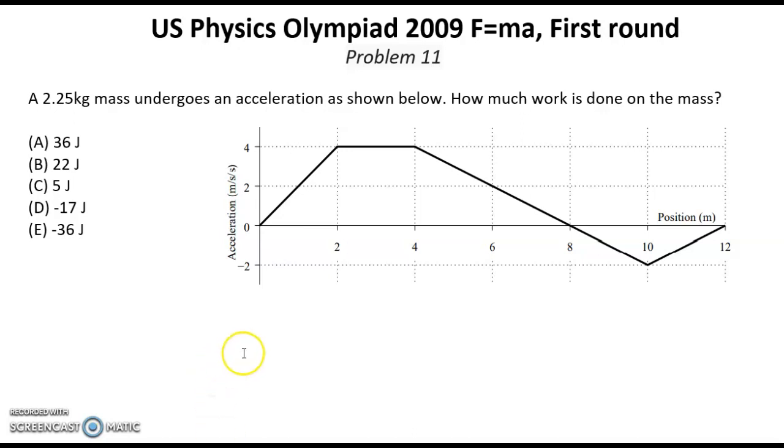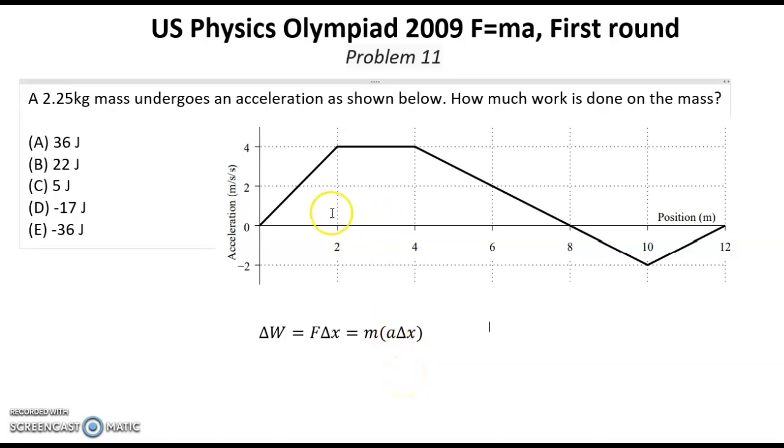If we have a graph of acceleration versus distance, we can immediately write this equation: work done by force F on a small distance dx equals this expression, and because mass is constant, we can take it out, and we have dW equal mass multiplied by acceleration multiplied by dx.